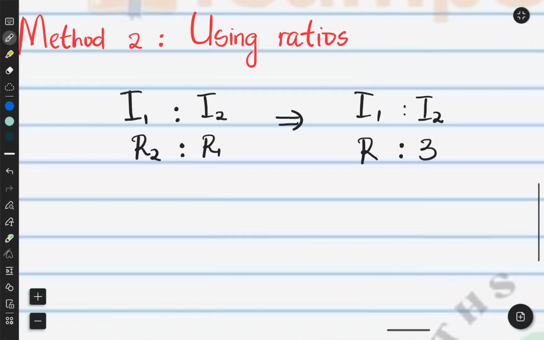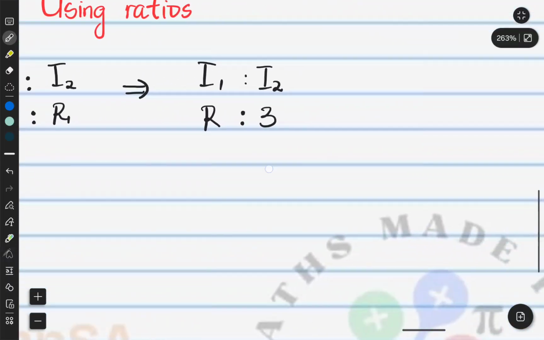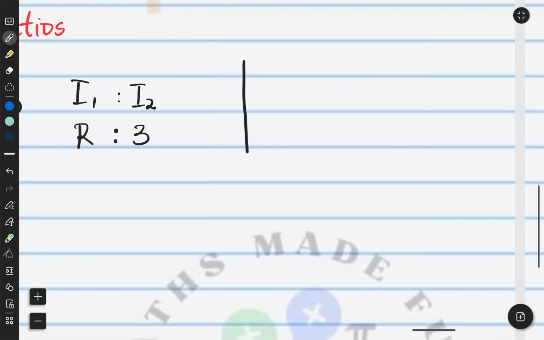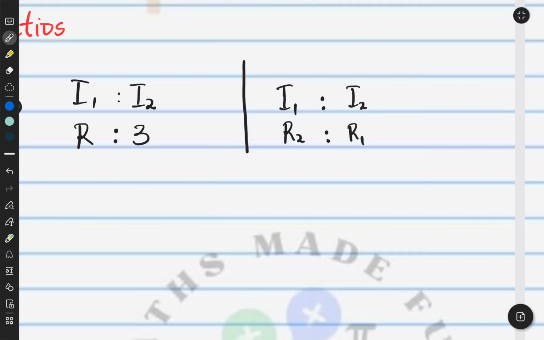It's incorrect to say I1 is to I2, you must say R2 is to R1. So what we're saying is the ratio of my current 1 in the first branch to my current in the second branch is the same as taking the ratio of my resistance in the second branch to my resistance in the first branch.